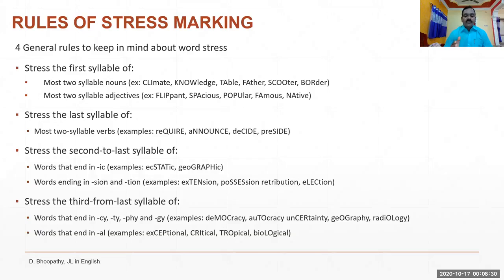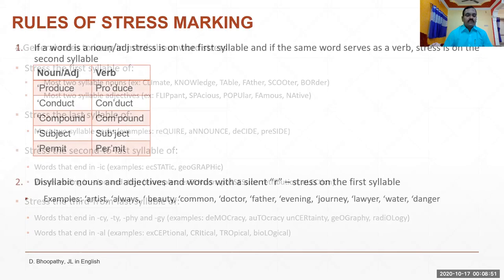I mean from the end, it is the third one. Critical, tropical, biological, zoological. So these are the four basic rules of stress marking.